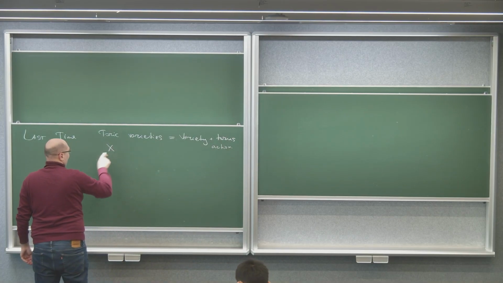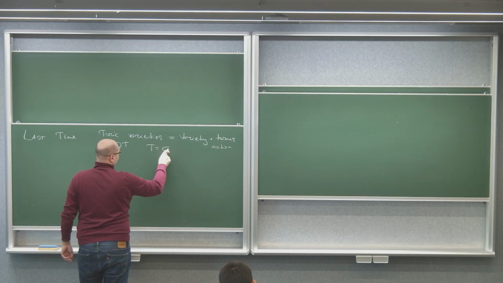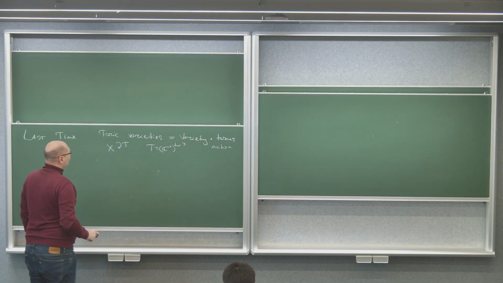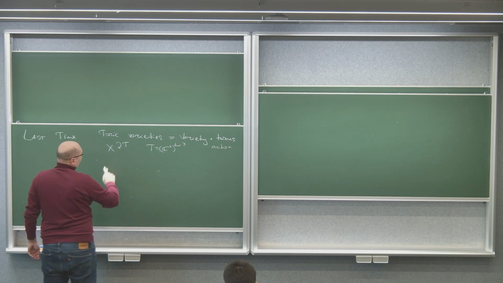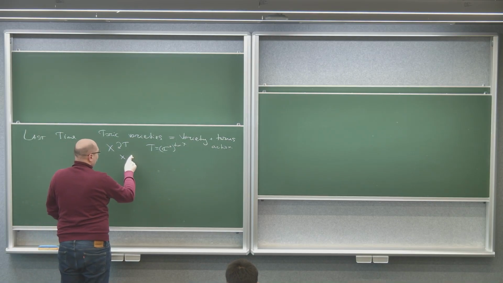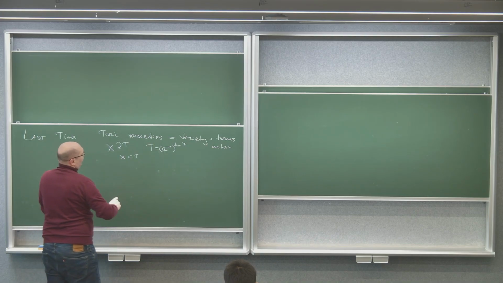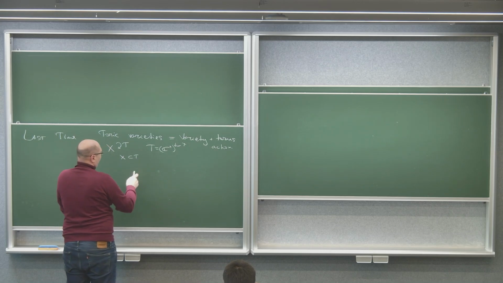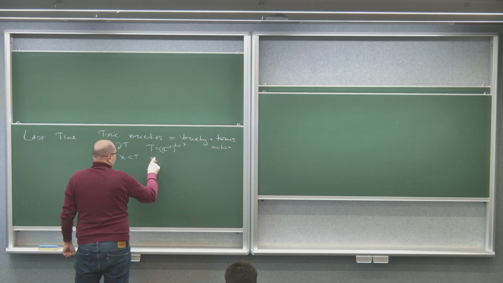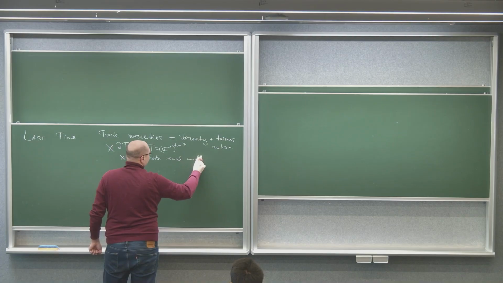So we have some variety X, and we have some algebraic torus acting on it in such a way that the variety X itself contains the whole algebraic torus as a proper subset, and the action on this algebraic torus inside of X is the usual multiplicative action.